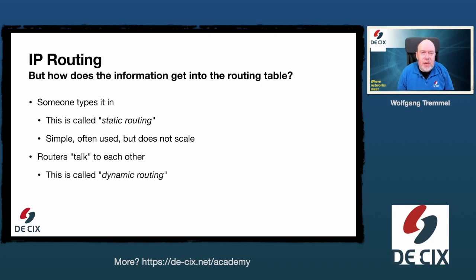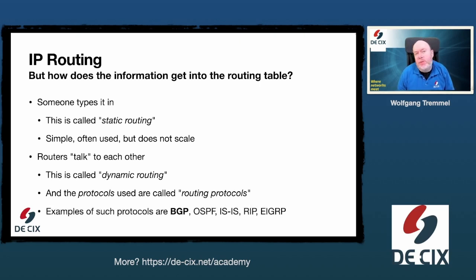And for that, routers kind of talk to each other. And that's what we call dynamic routing. And for that, we need a protocol. You know that if two systems want to communicate, they need to have a common protocol. And these protocols are called routing protocols. Examples for routing protocols are BGP, that's Border Gateway Protocol, that's used in large-scale international routing.